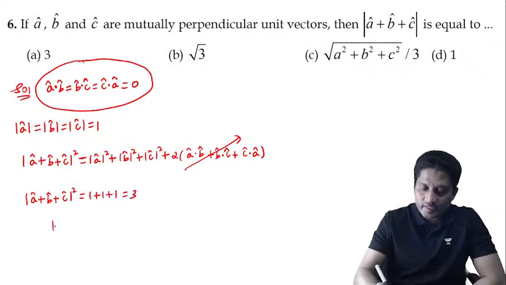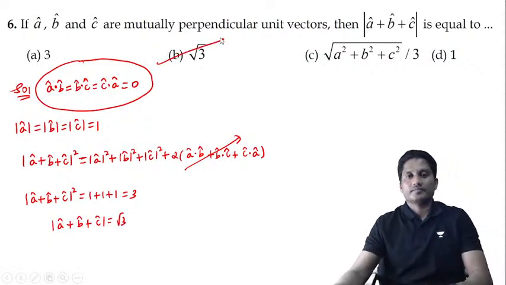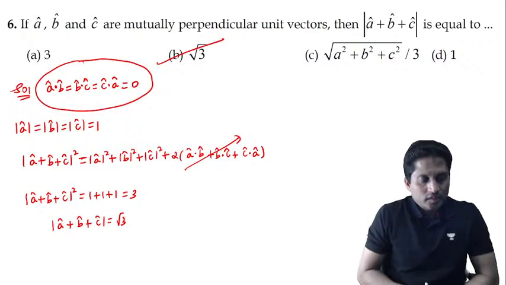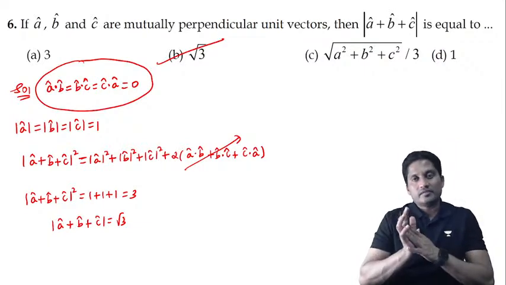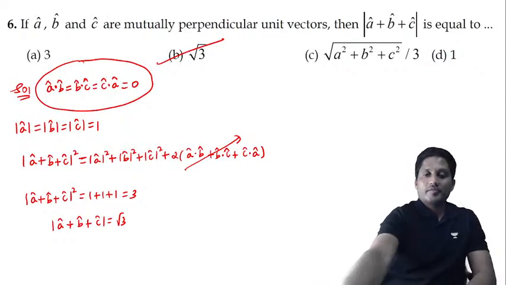Taking the square root, mod of A plus B plus C is equal to root 3. Answer is option B. There are similar problems in NCERT as well, in the exercise and in a miscellaneous worked example. So the answer will be root 3.